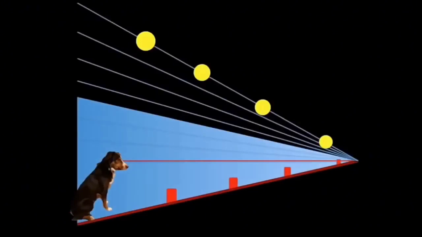And when Cash is looking at the sun, this is the angle in which he looks at the sun. And when he's looking at objects getting further away on the ground, this is the angle in which he would look to see those objects on the ground. Okay, so most flat earth debunkers get this completely wrong.